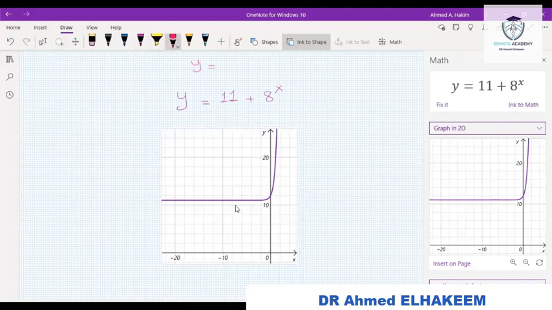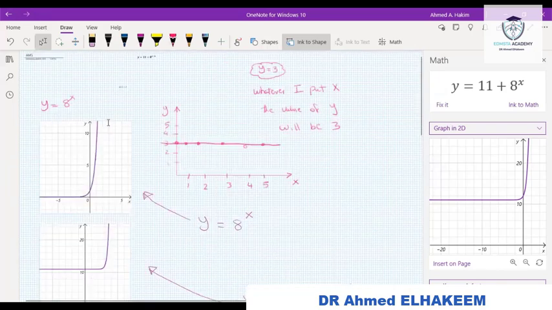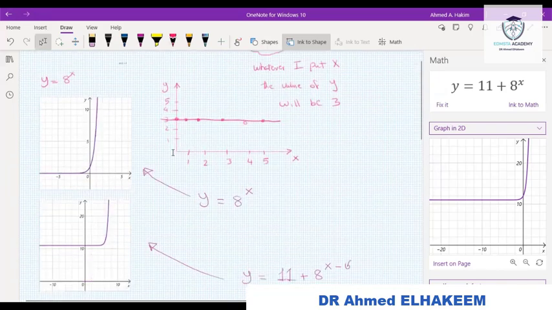So the old y was 8 power x. Now I'm adding 11 to it. What happened? The old y was starting from here, right? That is the old y. After I add 11, what happened?